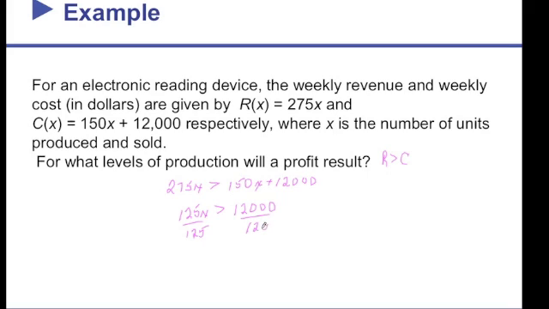I'll find out that x is greater than 96. So what level of production will result in a profit needs to be more than 96 units to get that profit.